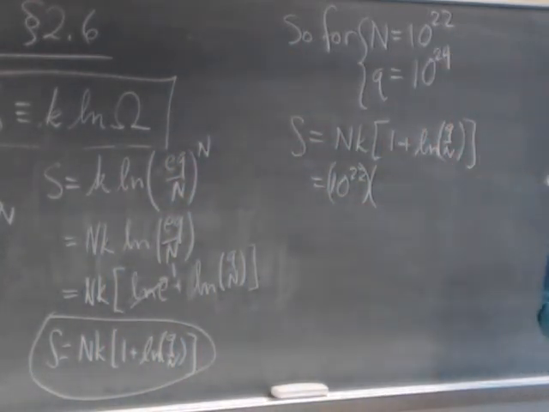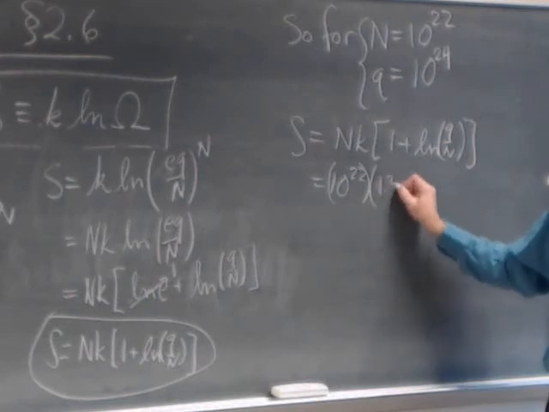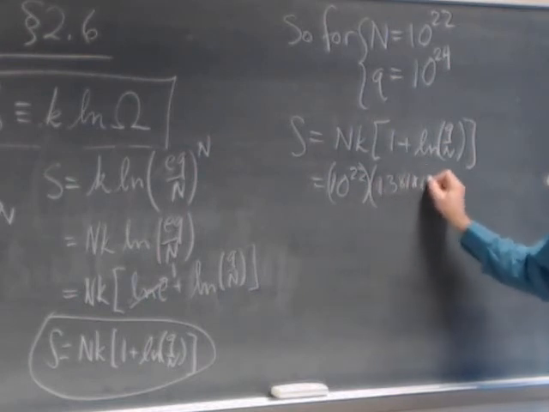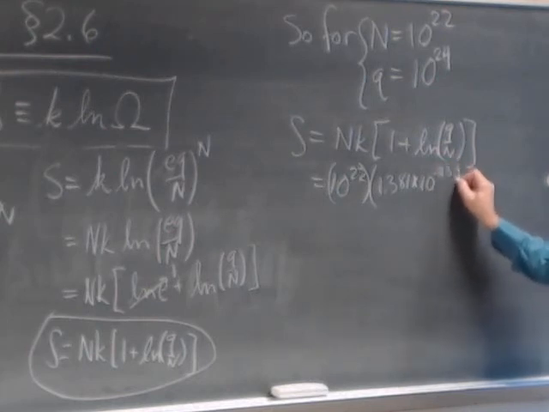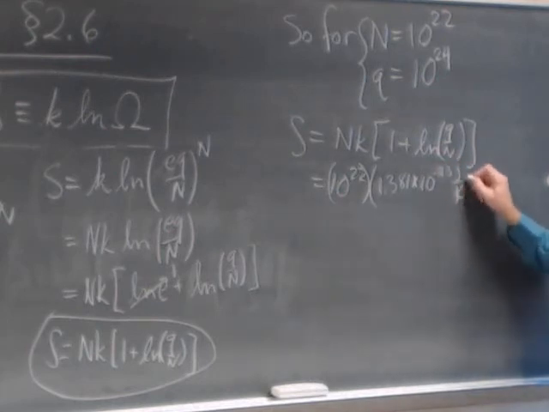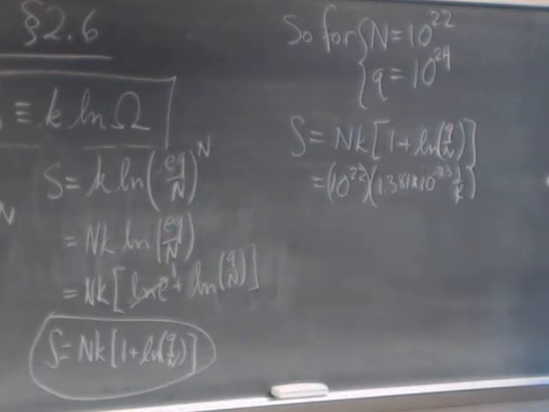I've erased it now. What is it? 1.381 times 10 to the negative 23. Okay, and the units? Joules per Kelvin. All right. Times 1 plus natural log of Q over N.